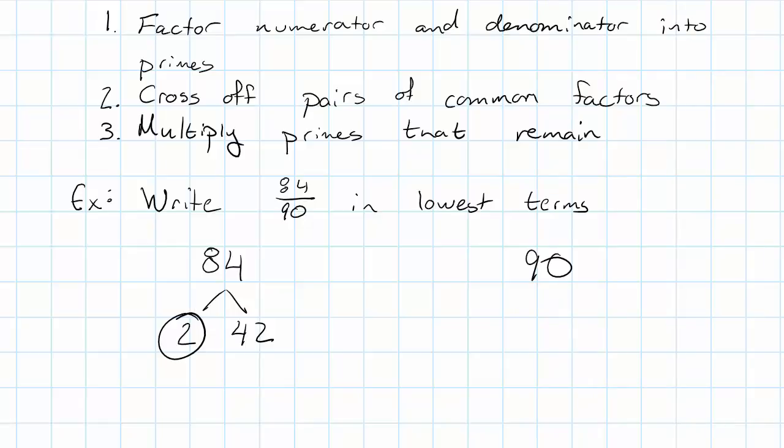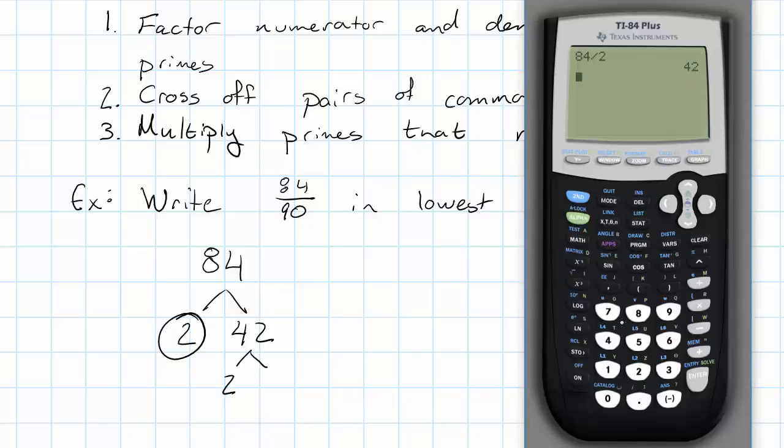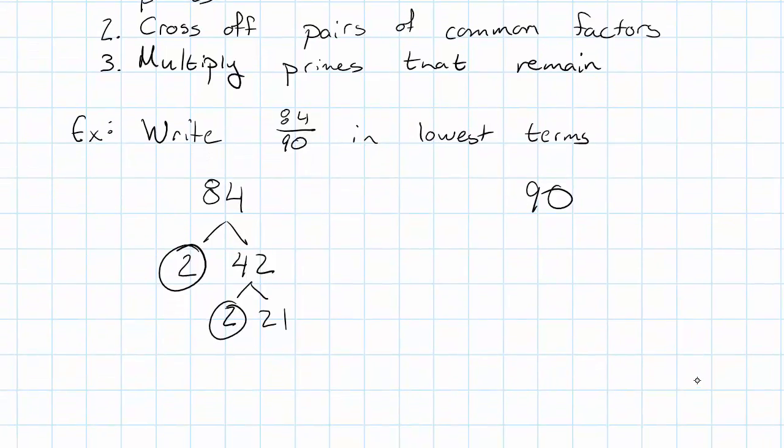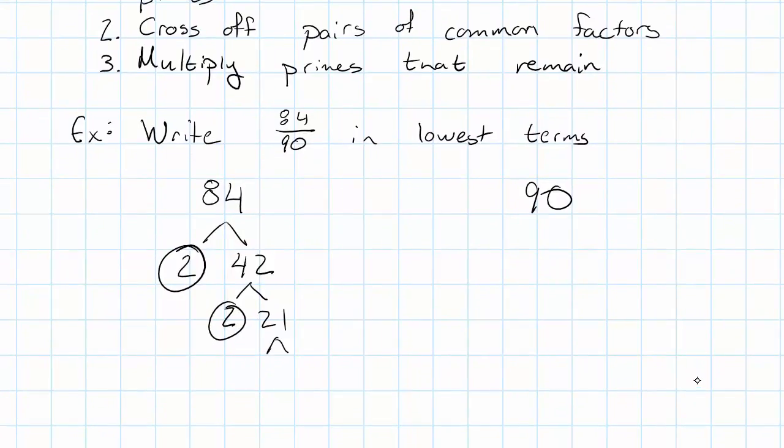2 is prime. 42, well that's still even, it has 2 as a factor. 42 divided by 2 is 21. And 21, I happen to know, is 3 times 7.